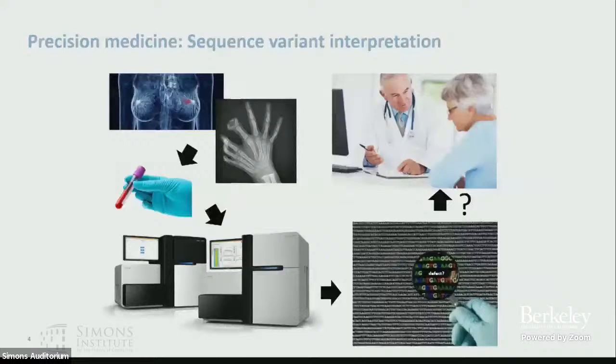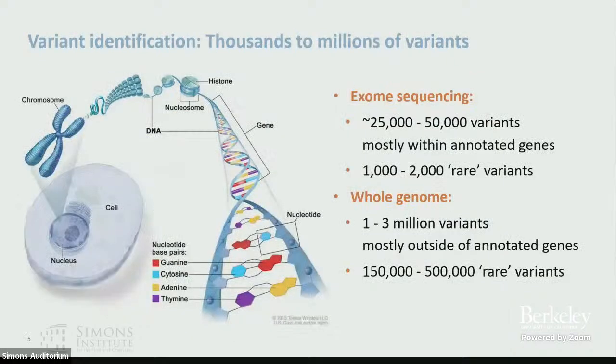And yeah, so the question that we're trying to address here is if we sequence a genome and we recover a number of variants from this genome, how do we prioritize those that might be disease causal, that might have a molecular effect?